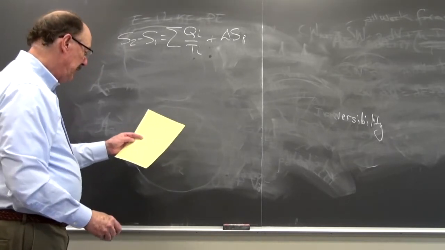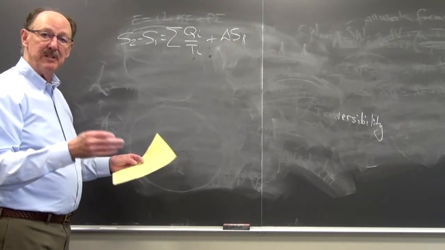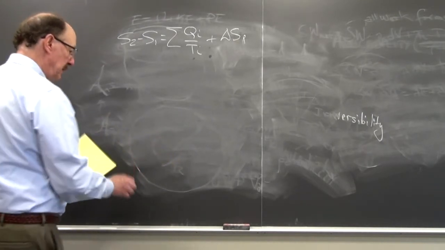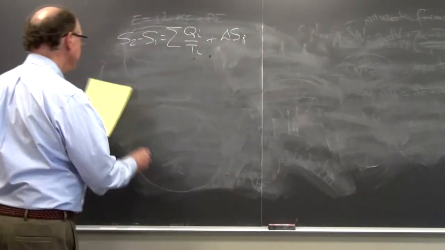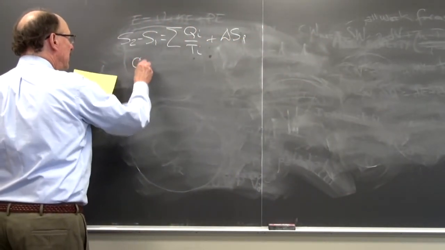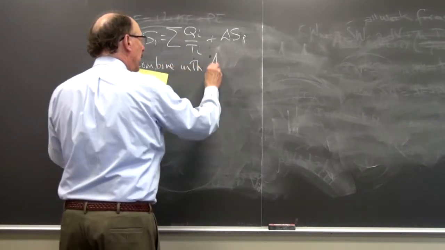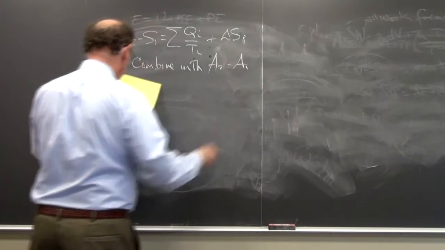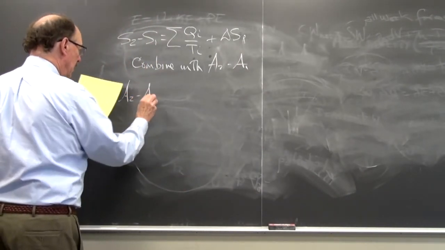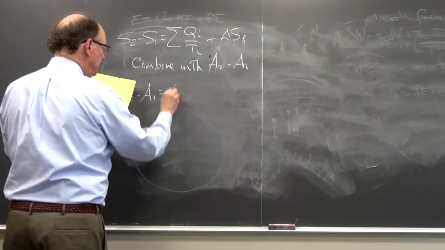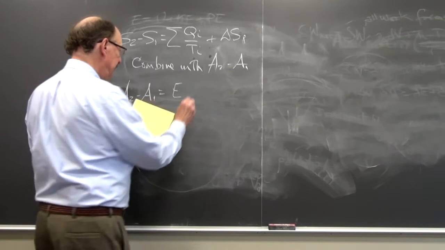So we'll see what that looks like when I change it. We'll come up with a different expression for the change of the availability. Let me erase this. Okay. So we're going to combine this with A2 minus A1, and we're going to get the following. A long equation. It's in the text, so you can see it in the text as well.